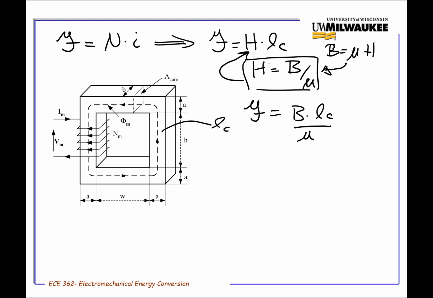We also know that the B, and I'm going to use a little subscript C right now, so we're talking about what is the flux density in the core.